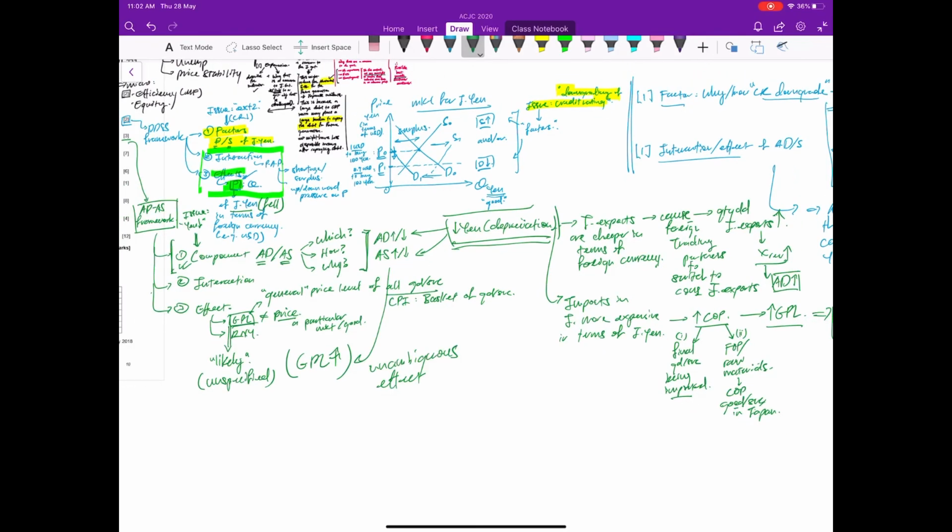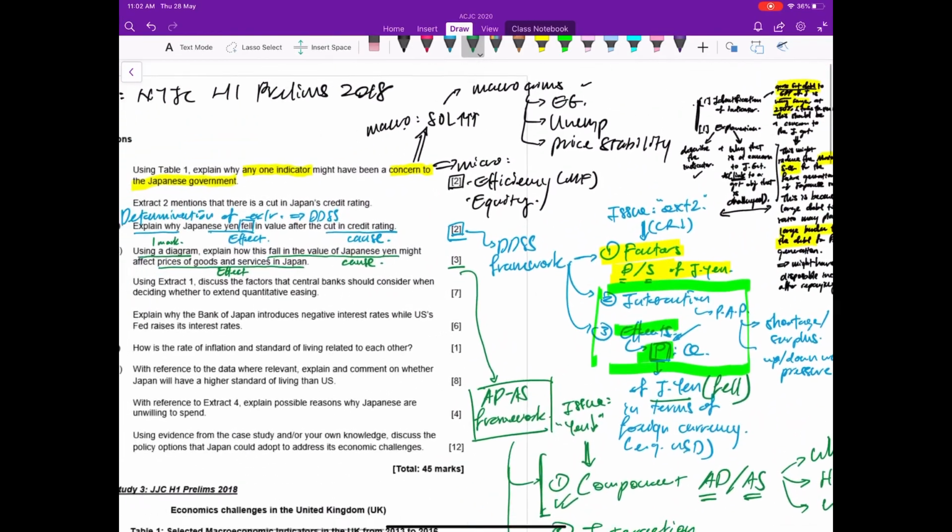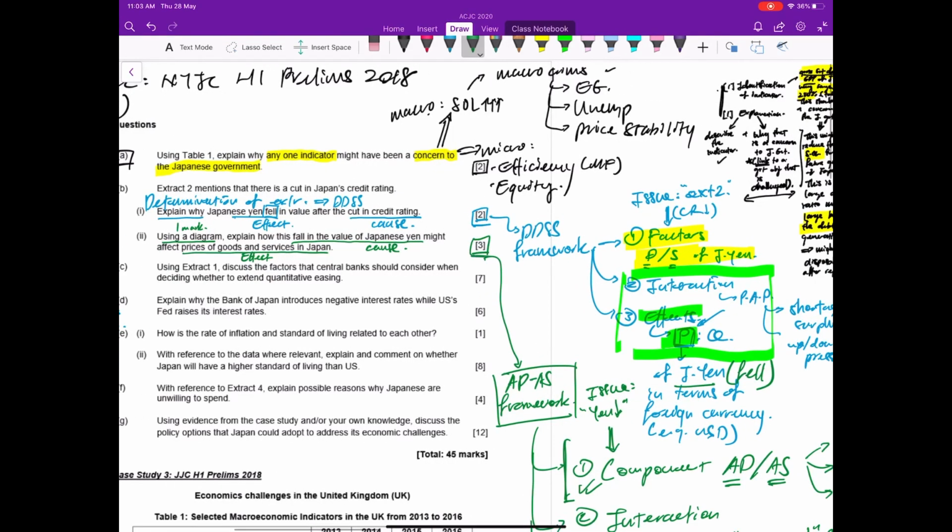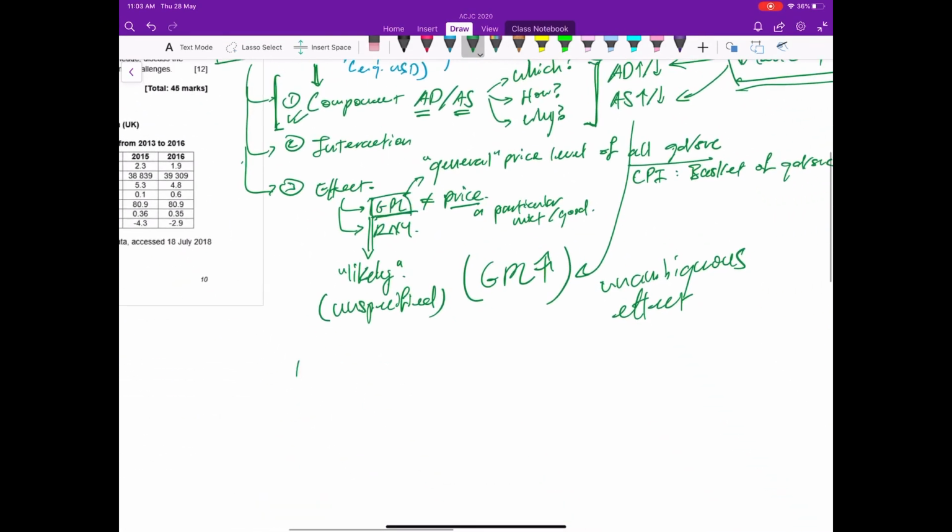The mark distribution, take note, is 3 marks. So 1 mark goes to the diagram because they explicitly asked for it. And 2 marks goes to the explanation.